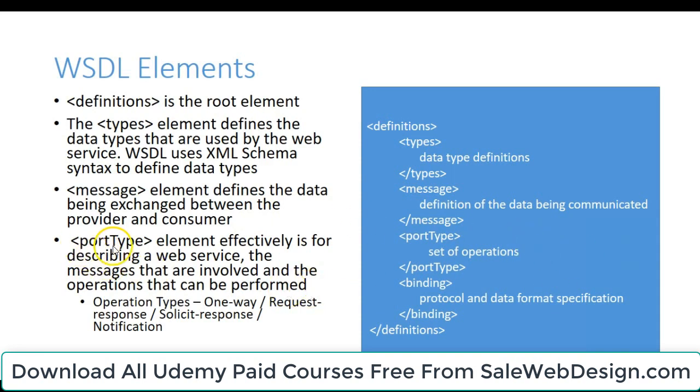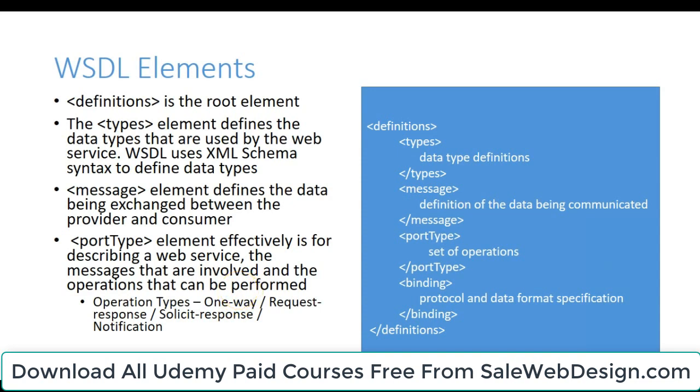Then we have the port type element, and the port type element combines the different messages defined in the message element that we just discussed to complete the round trip operation. For example, as most commonly done in SOAP web services, one request and response can be combined into a single operation.